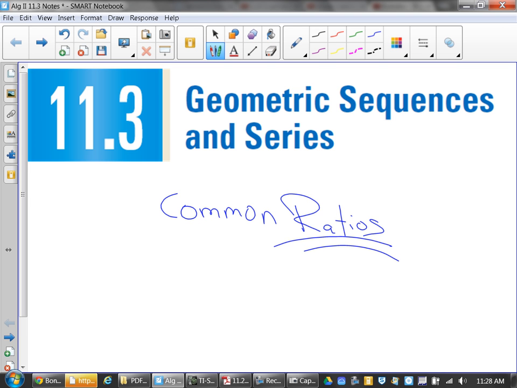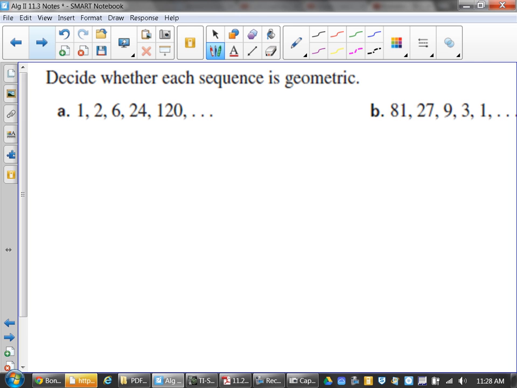Okay? So what happens here is that you wind up with sequences, and in order to tell if something is geometric, that means each consecutive term has the same ratio. Consecutive means what? In a row, one after another. Now, how we check to see if something is geometric, to check to see if its ratios are the same, is we do the following.